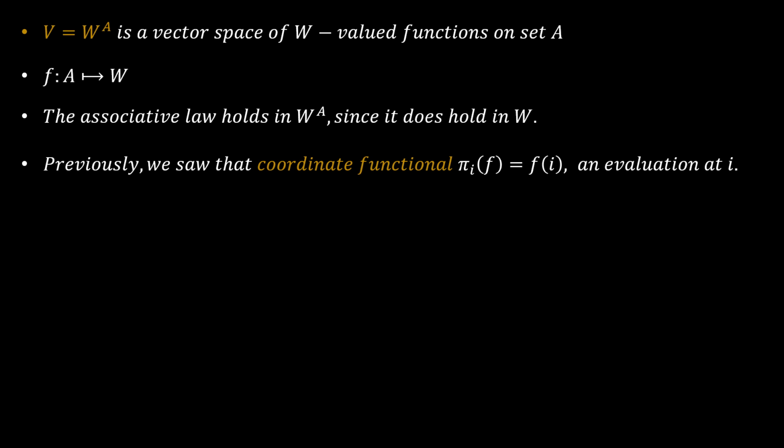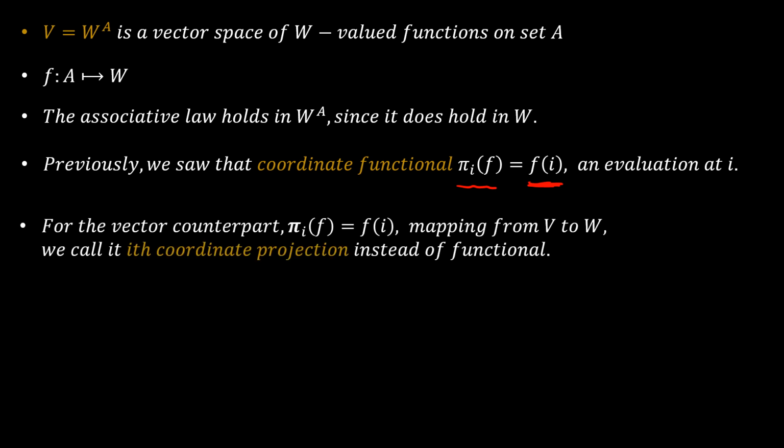Now, previously we saw that we did have a coordinate functional, and the coordinate functional, when applied to a vector in this space of functions, reads off the function at coordinate i. So it's an evaluation at i. Now, this is when we have a functional.